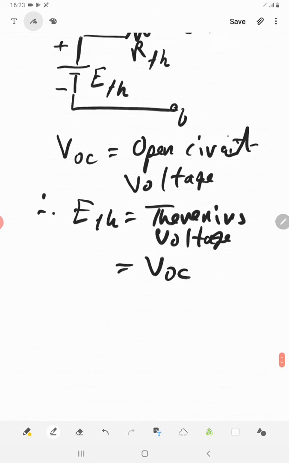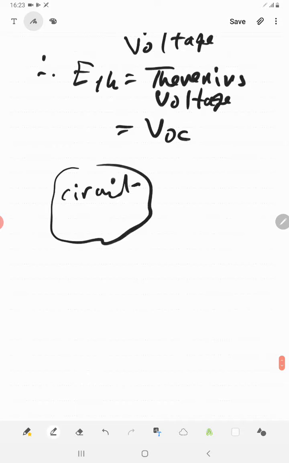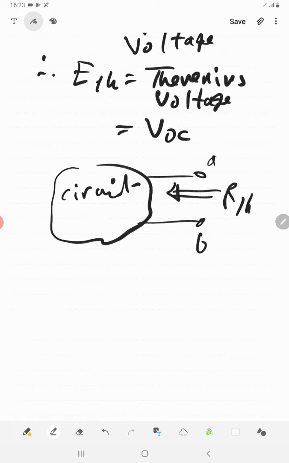How would we determine R Thevenin? We go back to the same circuit. This is point A, this is point B. You measure the resistance, R Thevenin.